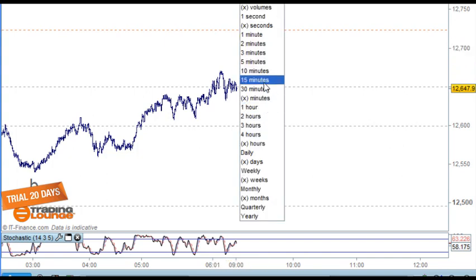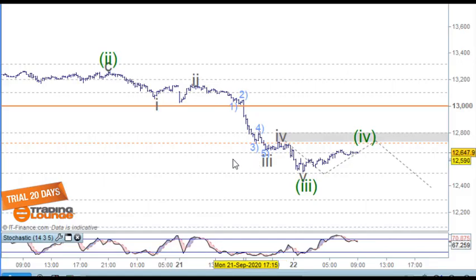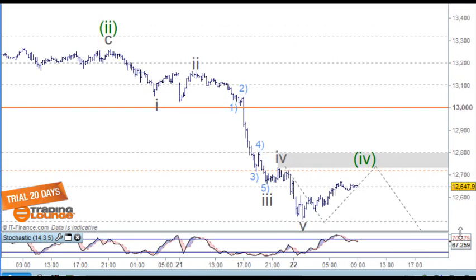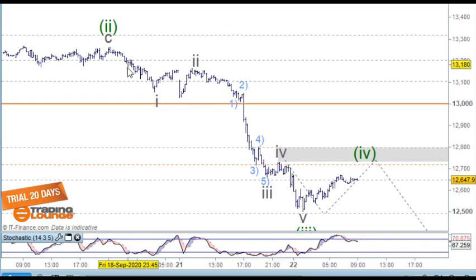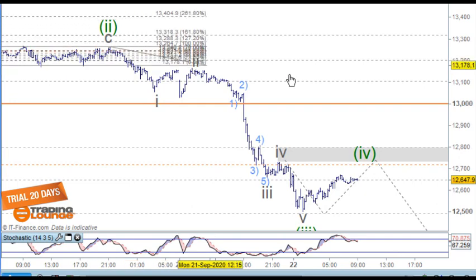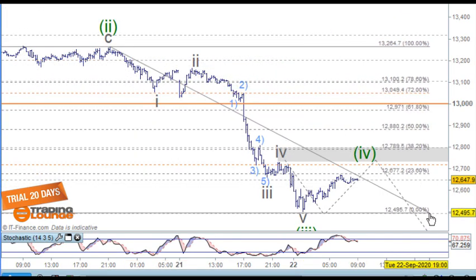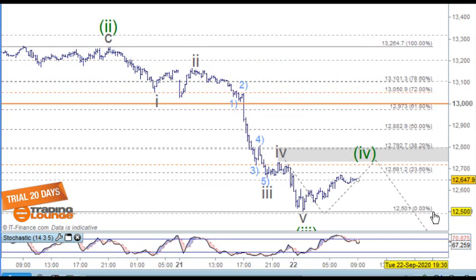Let's just go back to the 15-minute chart and check out the actual target in the Fibonacci retracement level here. So it can come to 12.8 basically, so it's quite a lot higher, but I wouldn't imagine that.